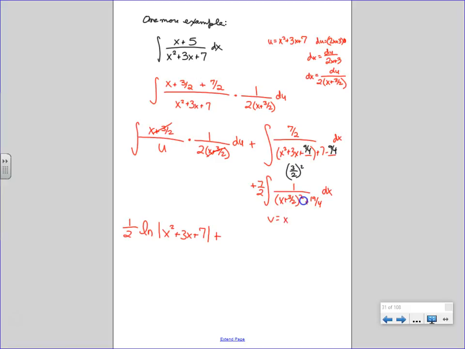I could call V x plus 3 halves, I could call A square root of 19 over 2. It's gross but true, right? So I can go ahead and say 7 halves times 1 over A, which would be 2 over rad 19. So it's the reciprocal, times arctangent, or tangent inverse either way.